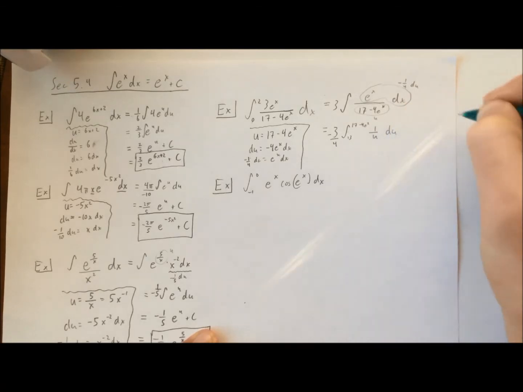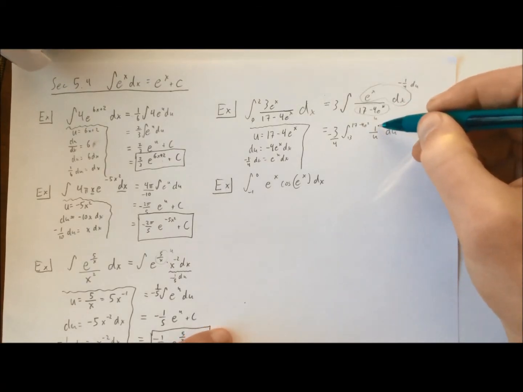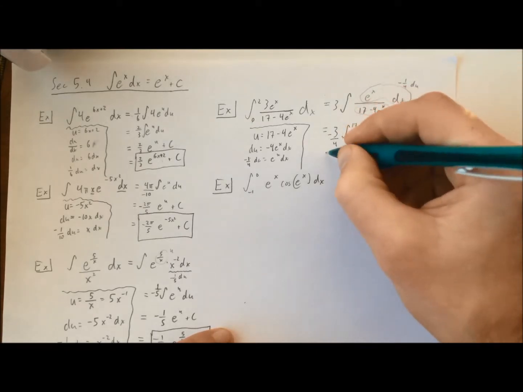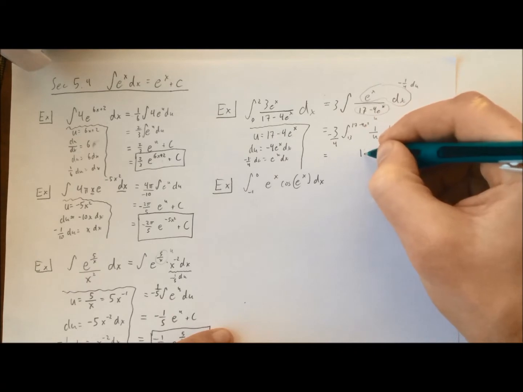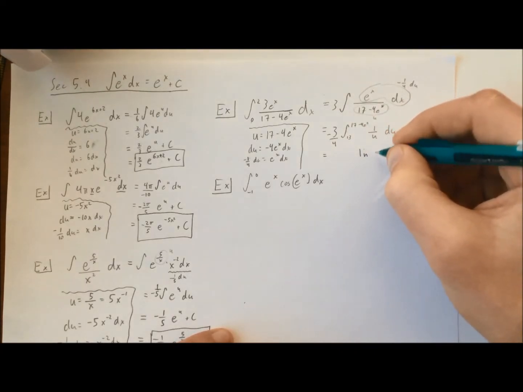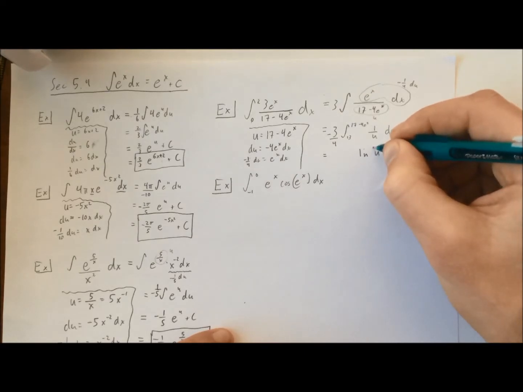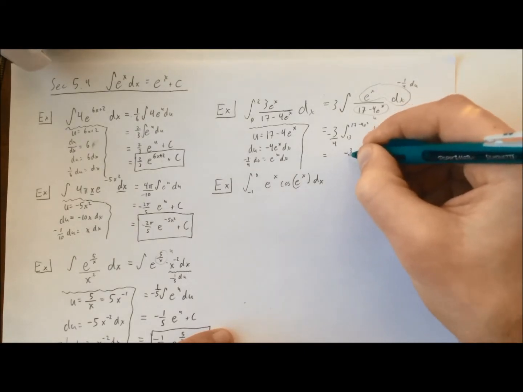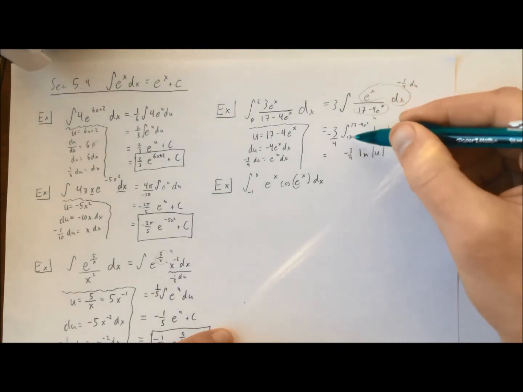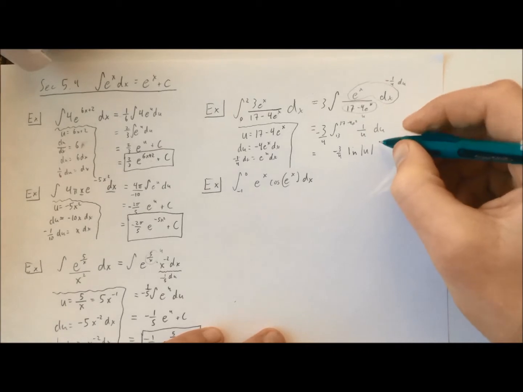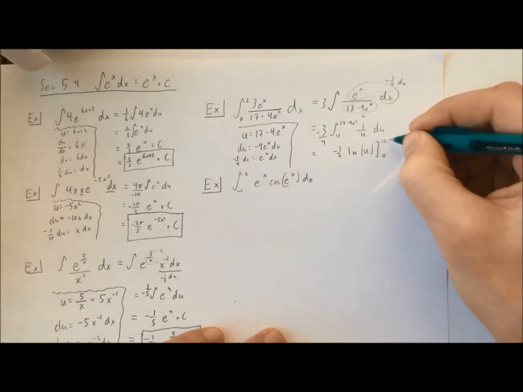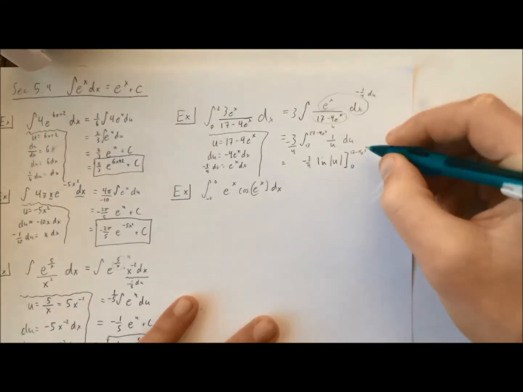Now this is a little bit different though. I've got 1 over u. Well, what's the antiderivative of 1 over u? It is the natural log. So it's going to be the natural log of u. And negative 3/4 of that. Now we don't have the plus c because this actually has limits on it. So we're doing this with 13 and 17 minus 4e squared.